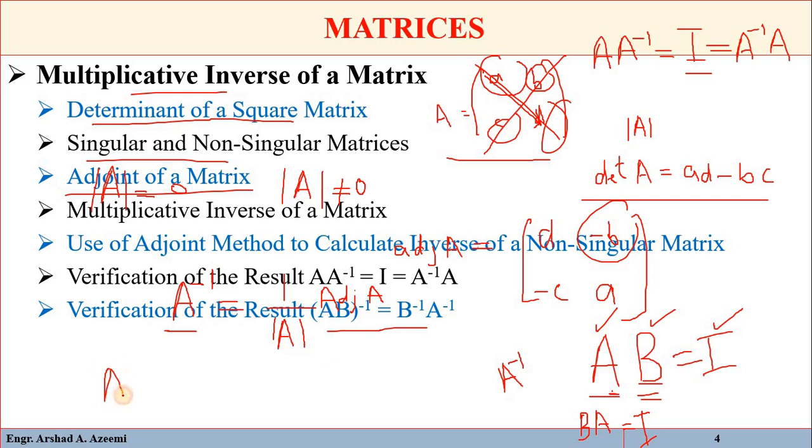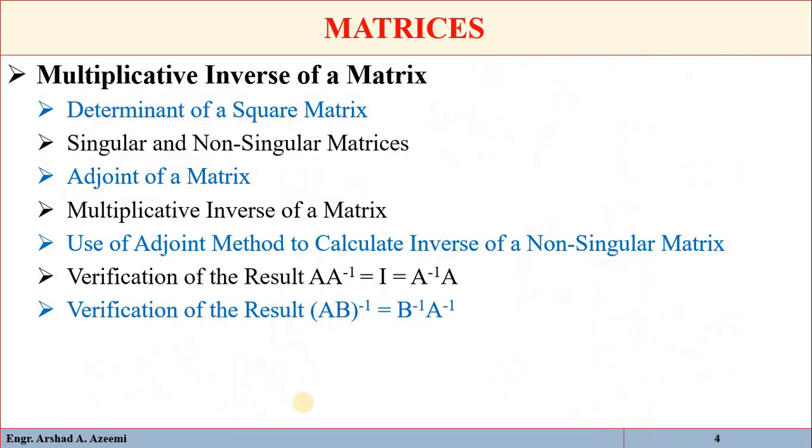If we have two matrices A and B, the inverse of their product will be equal to the product of the inverses of the individual matrices, but remember that it will be in reverse order. Take the product AB, then find the inverse of AB. The inverse of AB will be equal to the product of the inverse of B and the inverse of A. Different questions will be solved in the exercise.